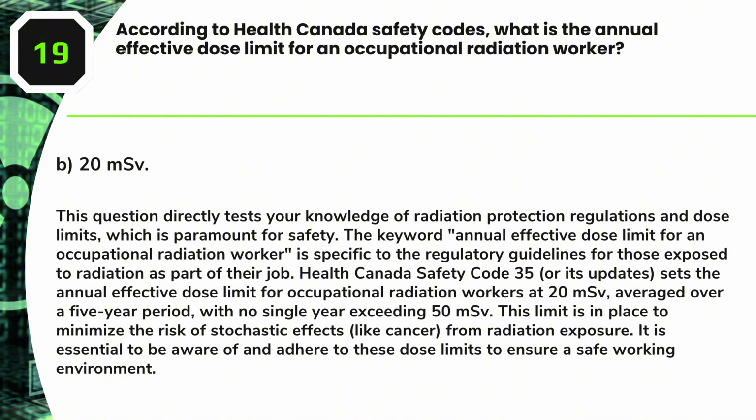Health Canada Safety Code 35, or its updates, sets the annual effective dose limit for occupational radiation workers at 20 mSv, averaged over a 5-year period, with no single year exceeding 50 mSv. This limit is in place to minimize the risk of stochastic effects, like cancer, from radiation exposure. It is essential to be aware of and adhere to these dose limits to ensure a safe working environment.